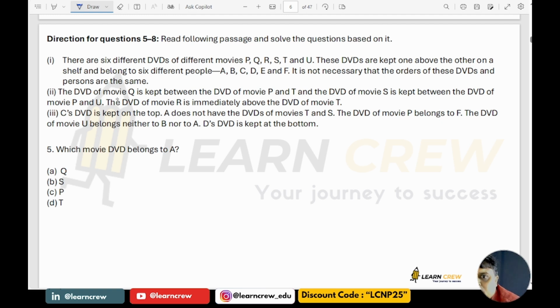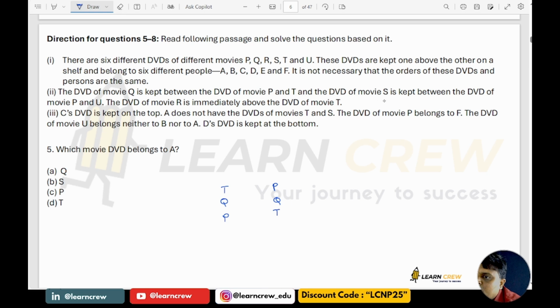The DVD of movie Q is kept between the DVD of movie P and T. So Q is between P and T. It can be like this, or Q is between P and T, it can be like this also.